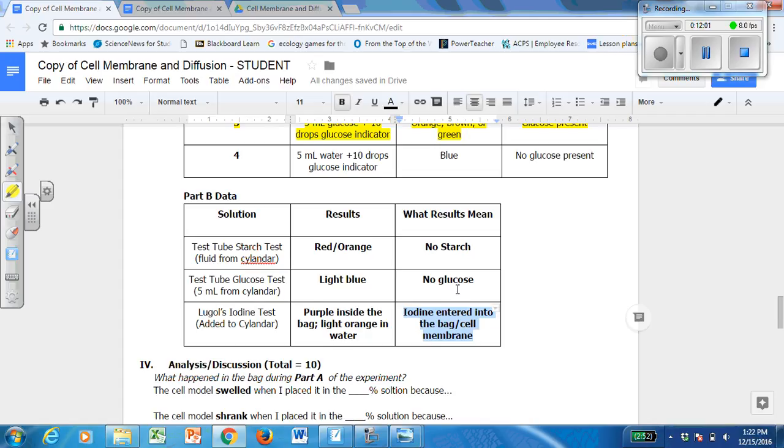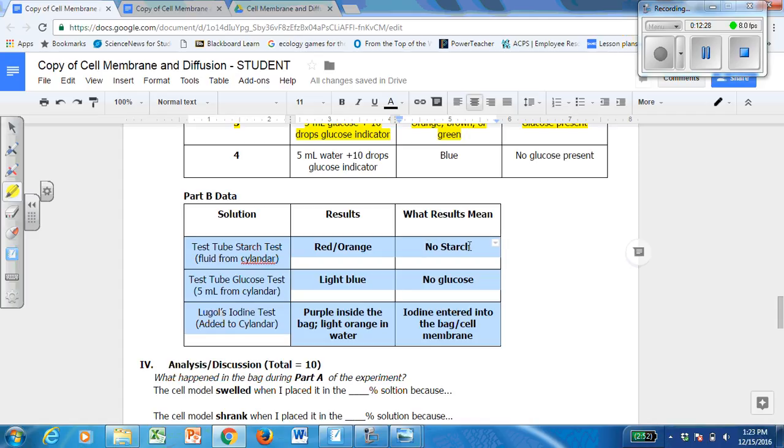So looking at all of these results in general, for Part B especially, the whole idea is that this was a model membrane. The dialysis tubing was a model membrane. And in order to be a model membrane, you have to be selectively permeable. And based on these results, you need to think to yourself, was this a selectively permeable membrane?